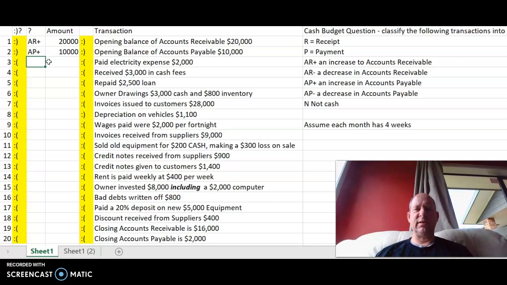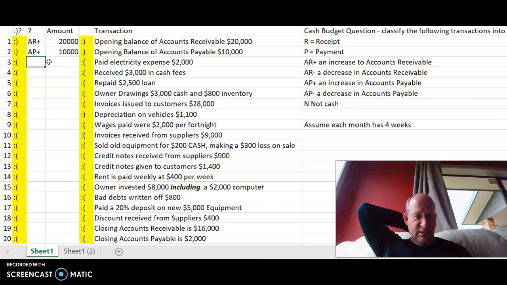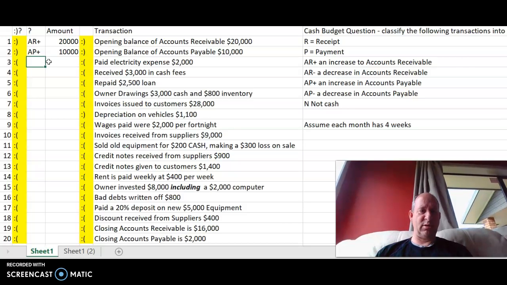The third one is that we have paid for an electrical expense. So will that be R, P, AR, AP or N? Paid, payment, good. And the amount is $2,000. Just check those happy faces. Carry on. Great. Received $3,000 in cash. R, P or something else?